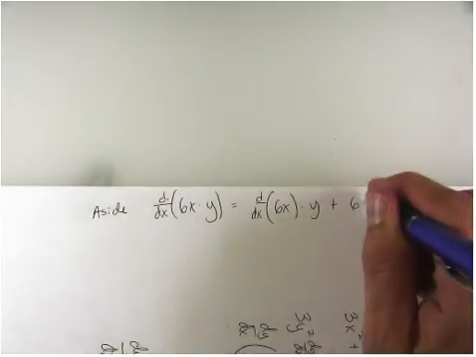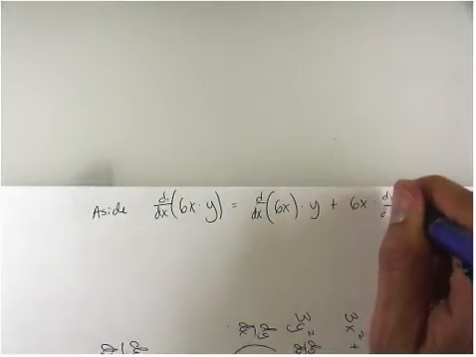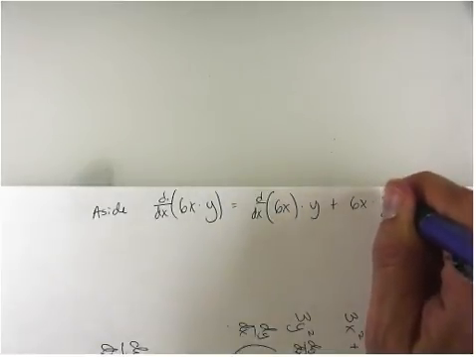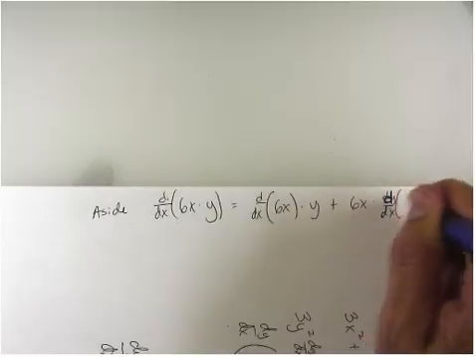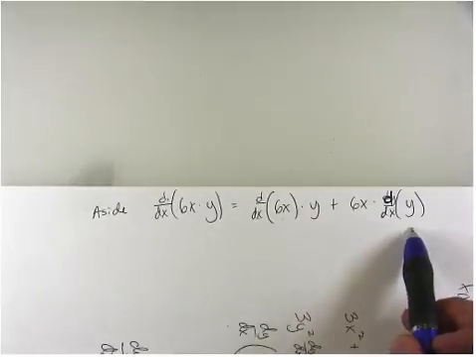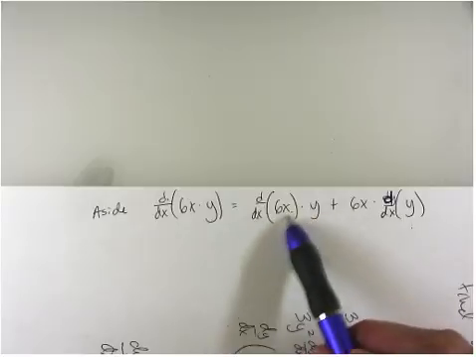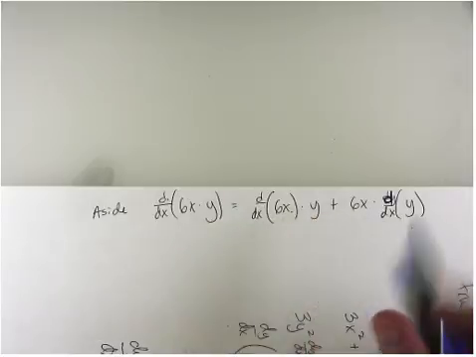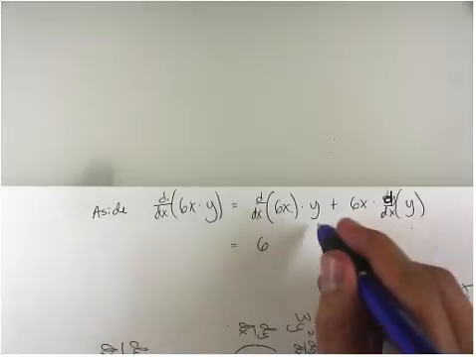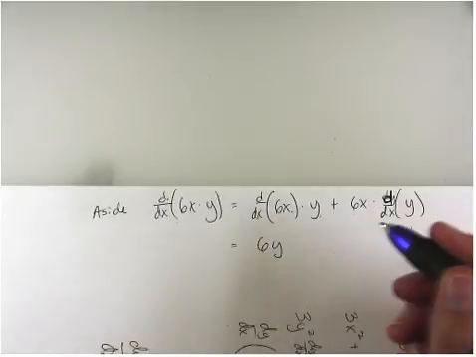Plus, I'm going to leave the first factor alone, and I'm going to take the derivative of that second factor, the derivative of y here. The derivative of 6x, the x's match up. So the derivative of 6x is just 6. This y is not being differentiated, so it's just y.